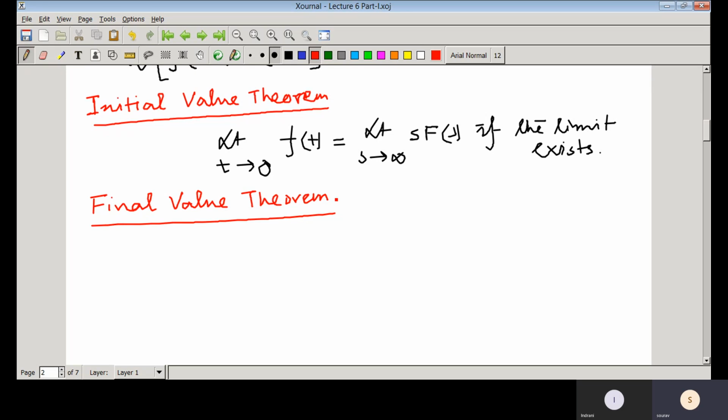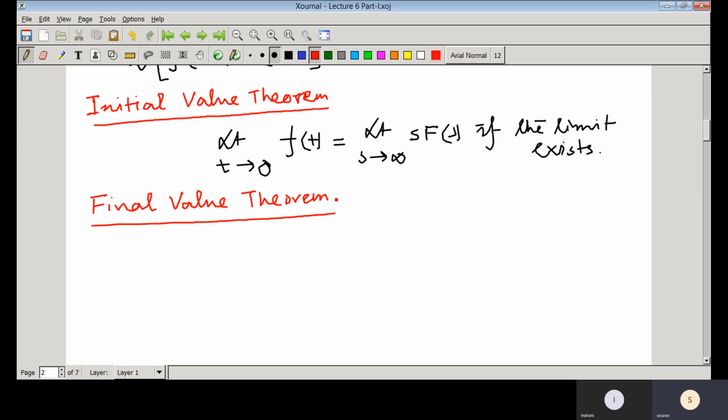That means if you would like to find out the value of that function when t tends to infinity, it can also be obtained in the Laplace domain as follows. According to the final value theorem, when t tends to infinity, the value of f(t) is limit s tends to 0 of s F(s).